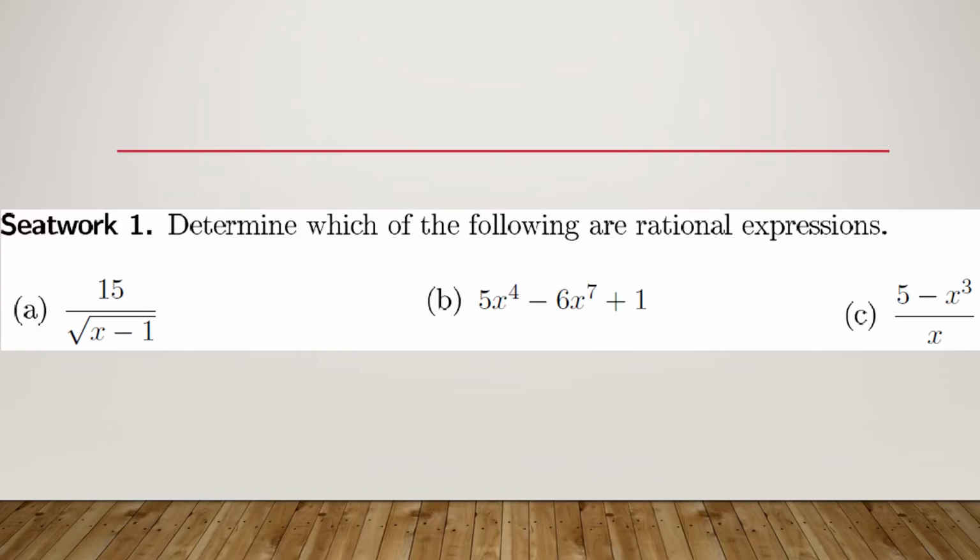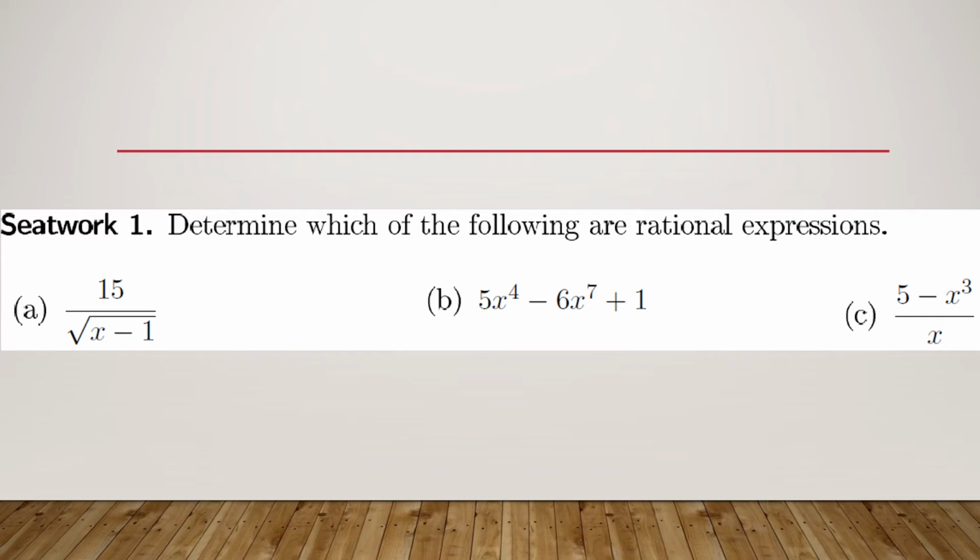So this one is for you to do, but let me give you a clue. This denominator is not a polynomial. And for letter B, this polynomial can have a denominator which is equal to 1, because any number has a denominator equal to 1.